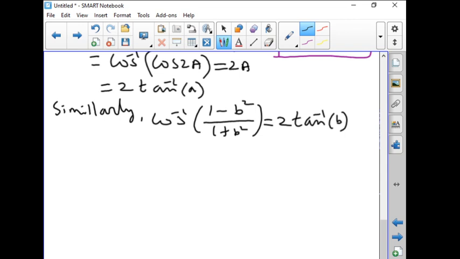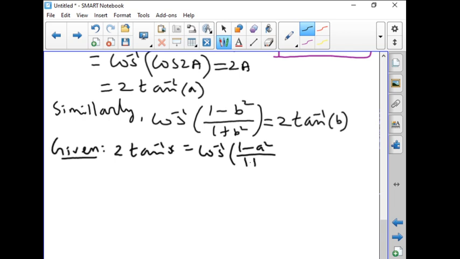So, now what is given? What about the right hand side? We have to find the value for x. So, what is given? 2 tan inverse of x is equal to cos inverse of 1 minus a square by 1 plus a square minus cos inverse of 1 minus b square by 1 plus b square.